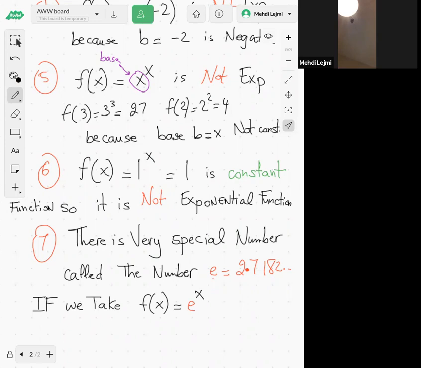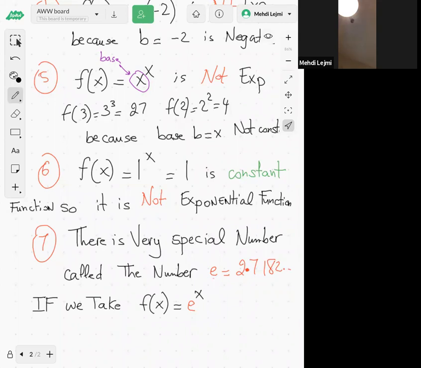The constant b could be like pi, a very special number. My constant b is just equal to this decimal, and b could be a whole number, a fraction, or a decimal. So this is an exponential function.